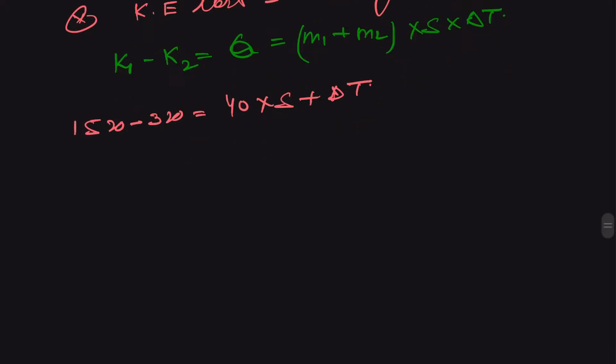So we get our delta t is equal to 1200 divided by 40 s, which gives us 30 upon s. So this is the change in temperature. Next question.